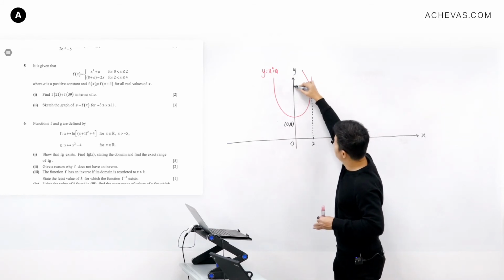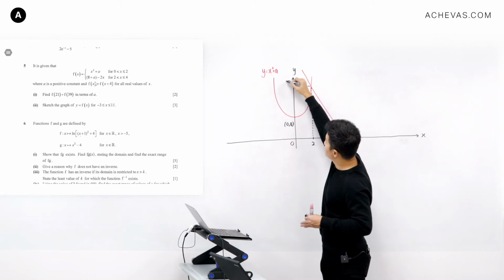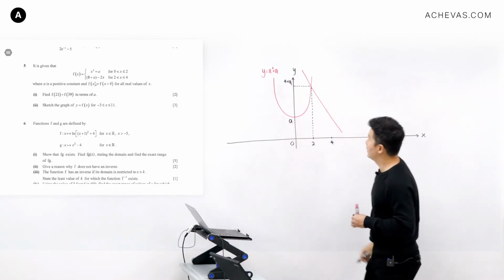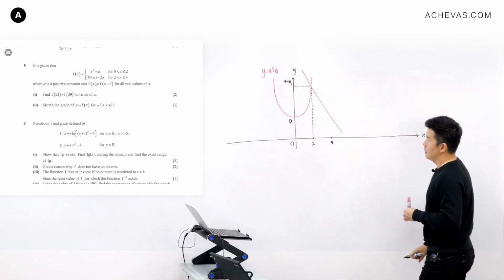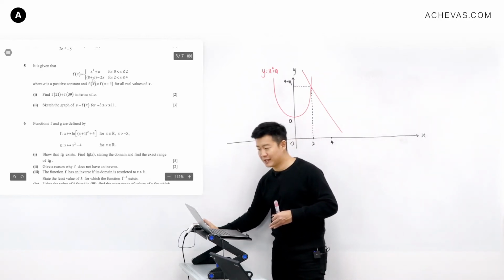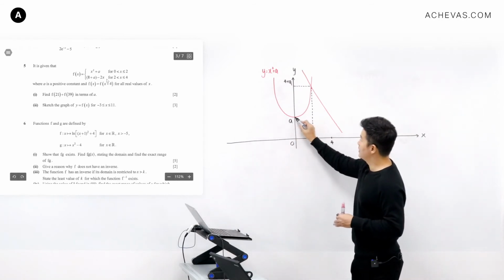So this happens at 4 plus a. This happens at a. And when x is equal to 4, if I sub it into here, I will have 8 plus a minus 8, which is a. So a is already here.